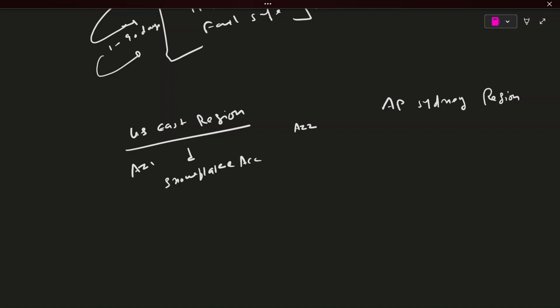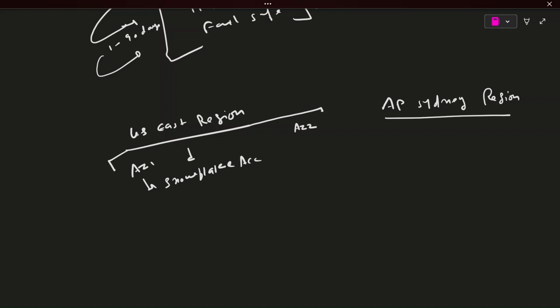The AP Sydney region itself is a different region. Now this AZ1 and AZ2 are in the same US East region, and this is a different region, and my Snowflake account is in AZ1.